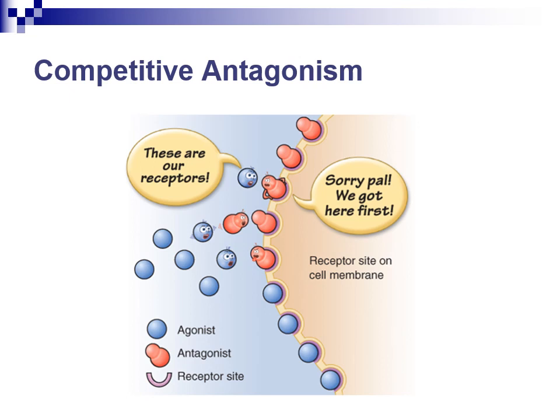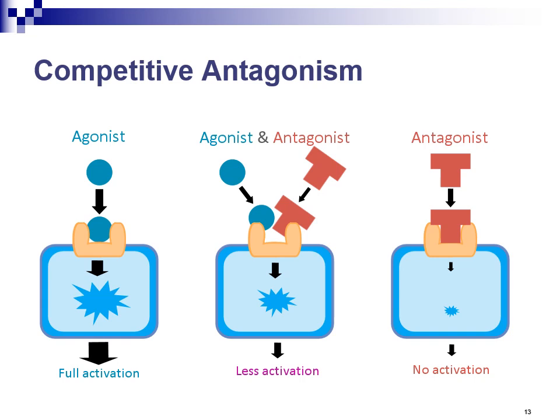All right, now we're going to move on to the idea of antagonism. This is when one drug blocks the effect of another drug, or more likely blocks the effect of an endogenous substance. So here are three little cartoons that I pulled off the internet, which kind of describe that. When you have an agonist, it interacts with the receptor and causes an activation.